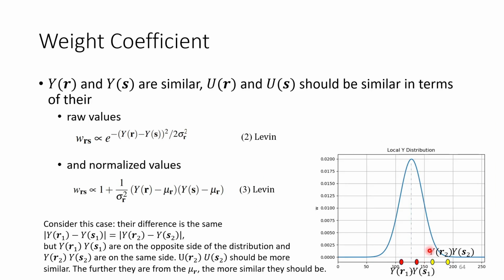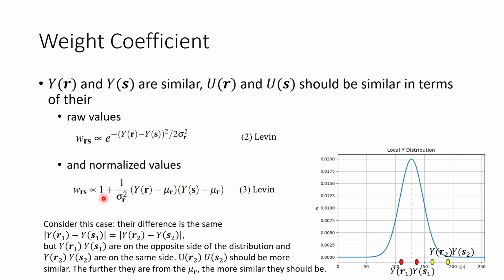If the Y of R and the Y of S are on the same side of the distribution, then their weight should be larger. If the Y values are on two opposite sides of the distribution, they are unlike each other, so their weight should be smaller.